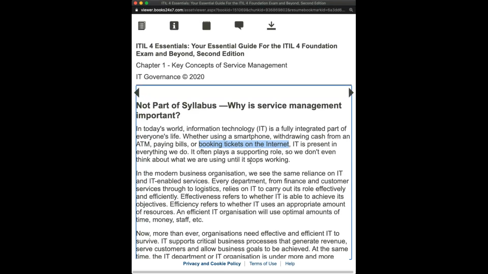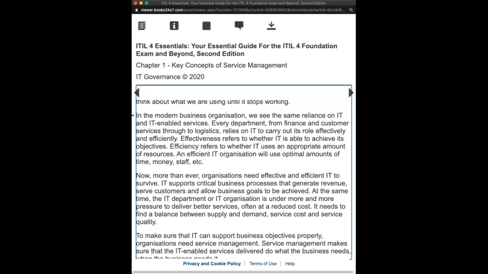Yep. So next is in modern business organization, we see the same reliance on IT and IT-enabled service. When we say reliance, meaning they are dependent, right? They require the IT services for the businesses to function, to operate, to contact customers, to sell to the customer, right?